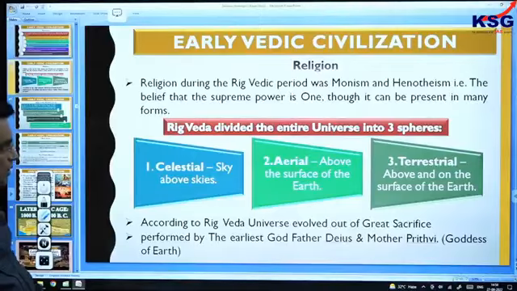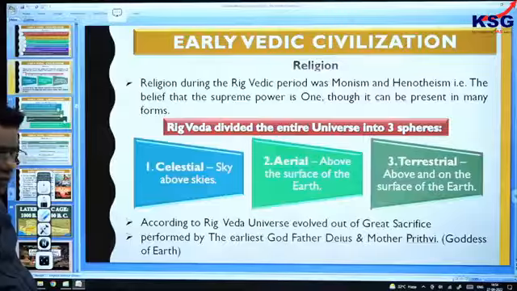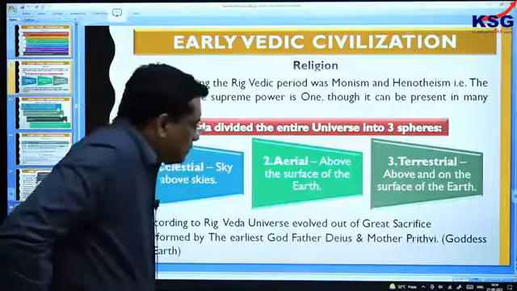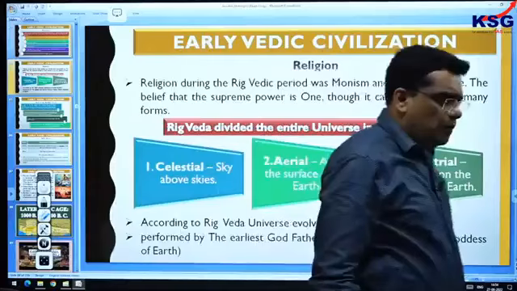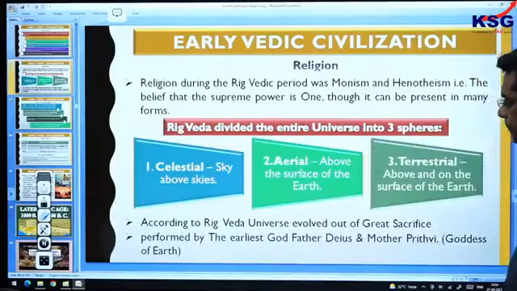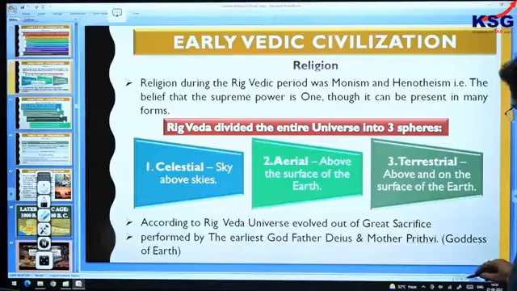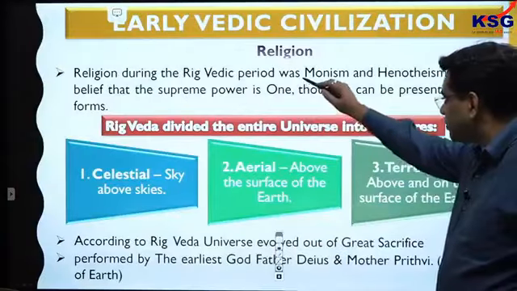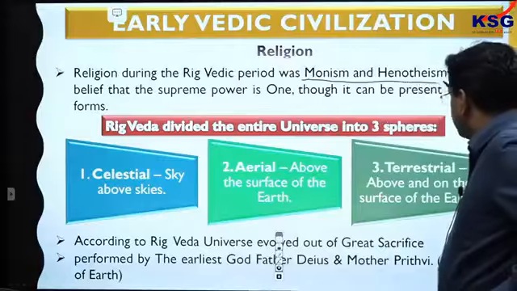Religion of the early Vedic period. They were also nature worshippers. So religion during the Rig Vedic period was monism or henotheism.